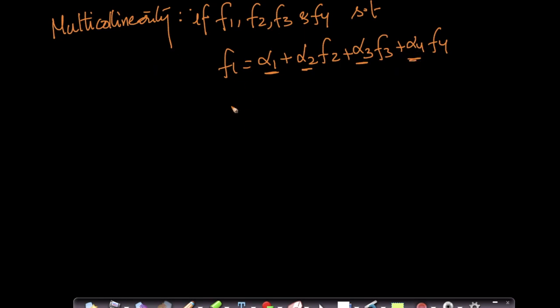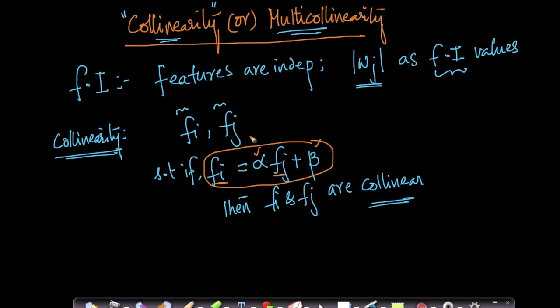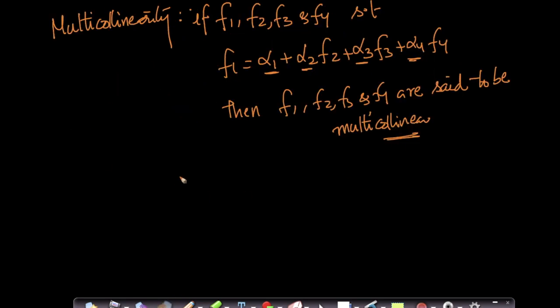If this is so, then f1, f2, f3 and f4 are said to be multicollinear. So multicollinearity is basically the extension of the simple idea of collinearity to multiple features.